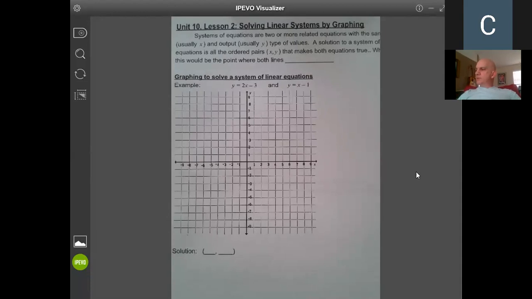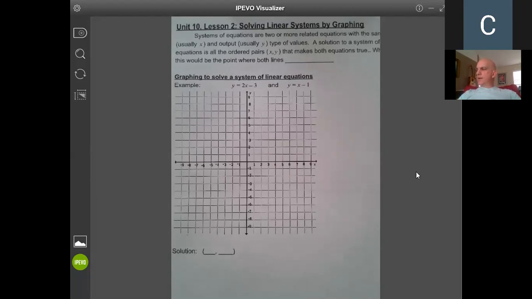A solution to a system of equations is where the ordered pair x and y makes both equations true. That's what we practiced on Monday, how to check to see if a solution we get actually works. Does it make them true?